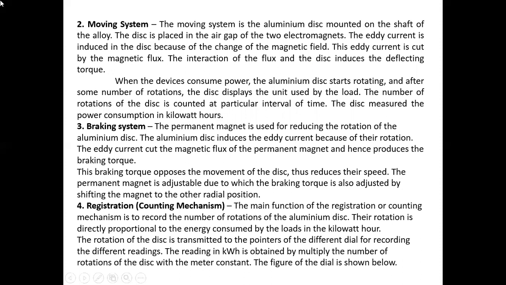This disc, which is placed between the two electromagnets, has eddy current induced in it because of the change of the magnetic field. This eddy current is cut by the magnetic flux, and the interaction between the flux and the disc induces the deflecting torque.